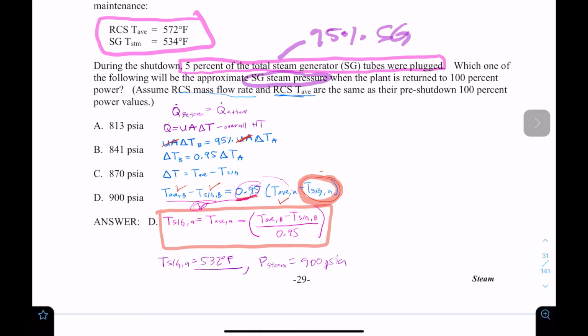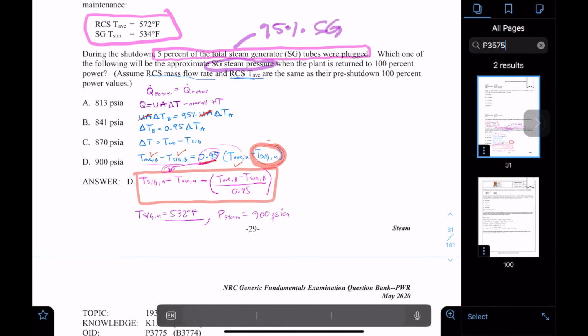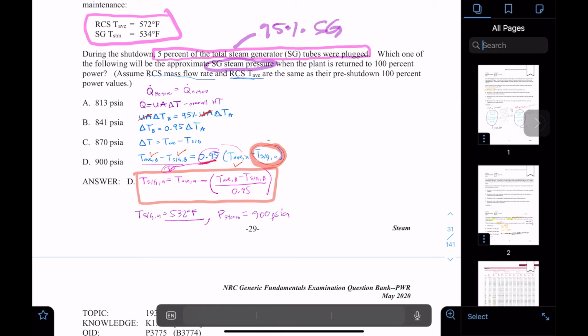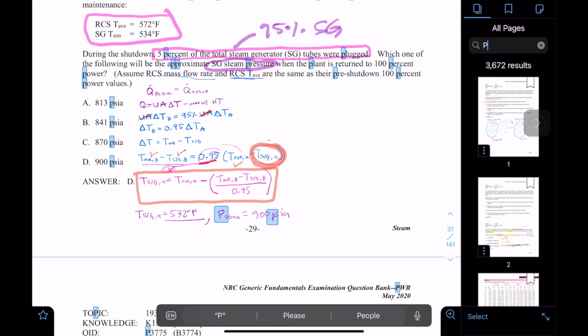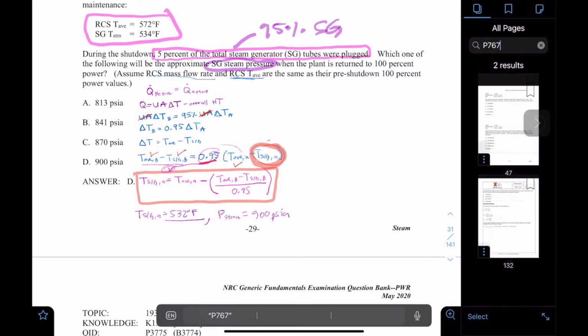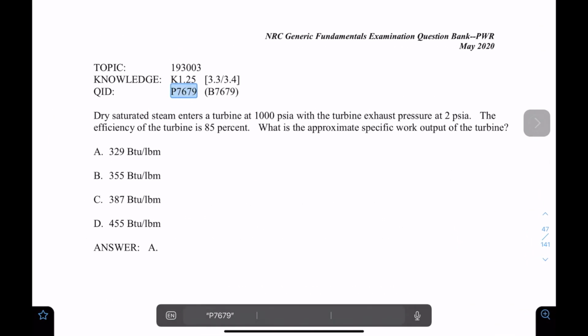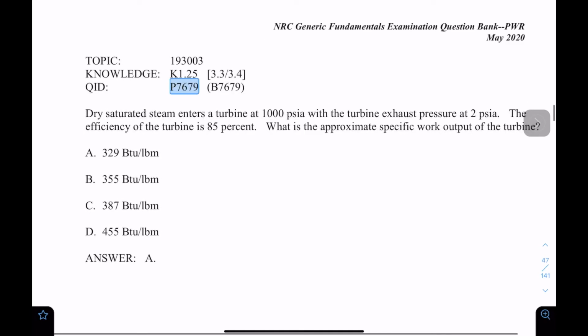And there's only going to be a question where you have to calculate the efficiency. So let's go over that one. There's going to be question P7679. This one says dry saturated steam enters the turbine at 1000 psia.